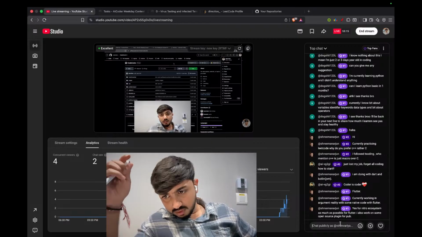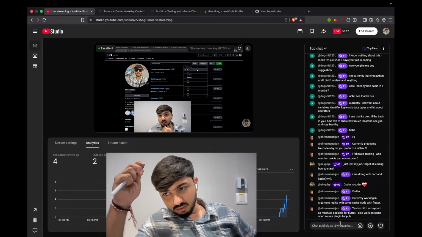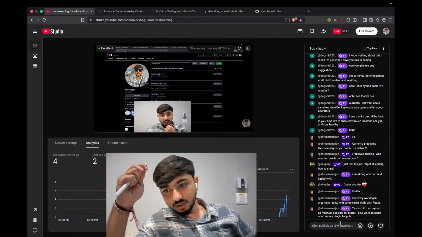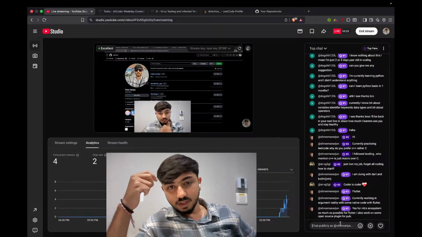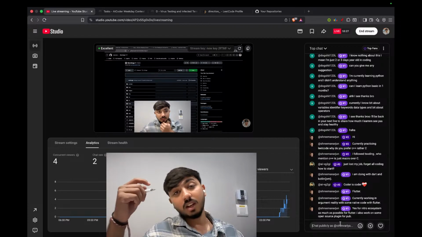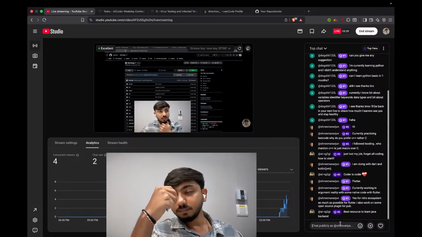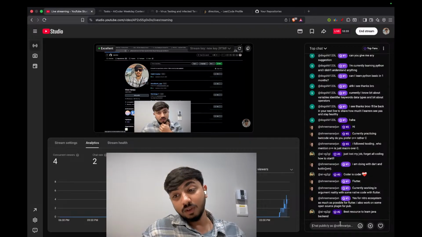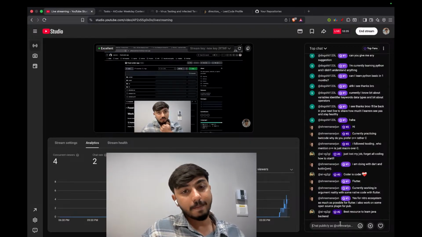Okay, Sriram Arjun is saying yes, for the Nitro ecosystem as much as possible for Flutter. I'm also working on some open source plugins, which is some cool stuff actually. To build a library, to build a plugin. I personally feel it's cool stuff too. It's real engineering.